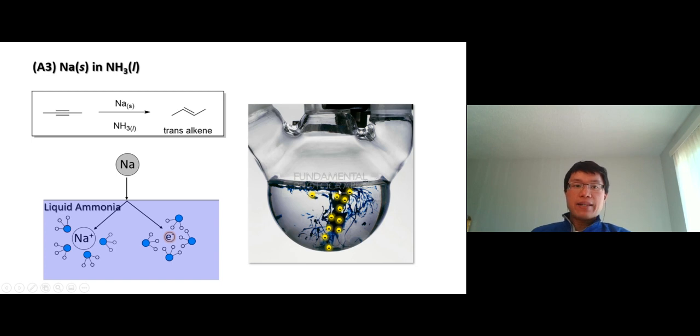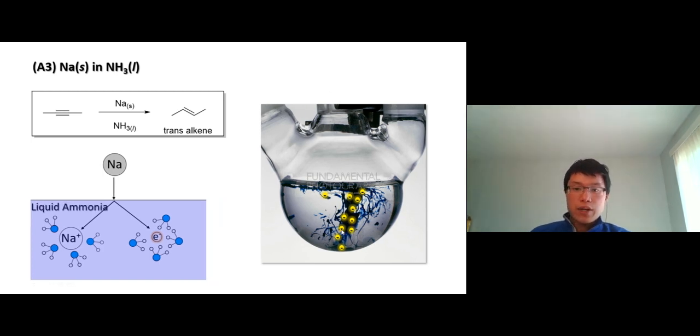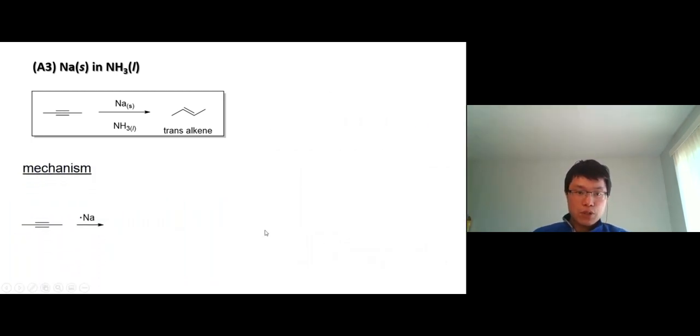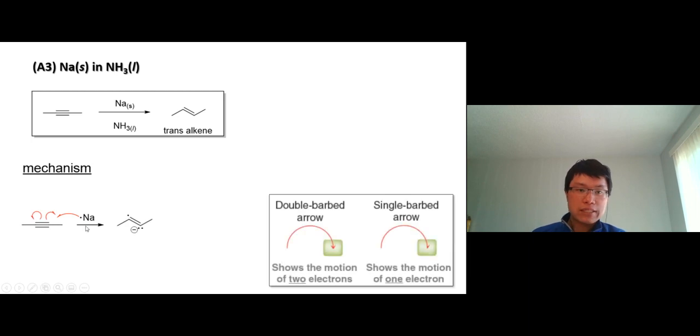All right, and then you're going to add an alkyne into it, and this is what's going to happen. Let's take a look at the mechanism. Sodium is going to use a single electron, just a single electron added onto the alkyne. Note that I use a fish hook arrow to show this single electron transfer, not the double-headed arrow.